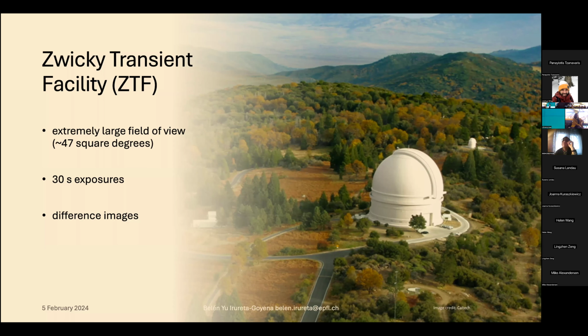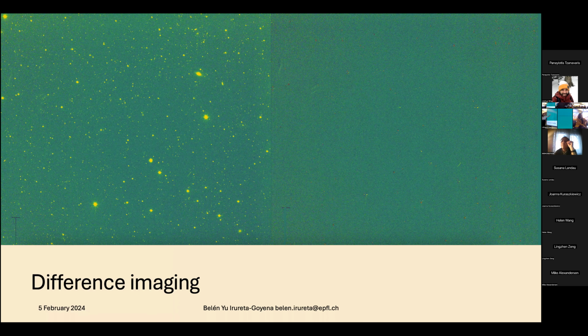So the idea of difference imaging is to take the direct science frame and then perform a subtraction with what's called a reference image, which is a very deep, very clean image with a very narrow PSF. And the result of that subtraction, as you can see, is that only any objects that are changing from one image to another will remain, basically transients. So that makes it so much easier to try to find any moving object or any transient in this type of images.